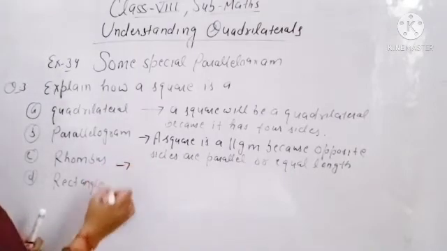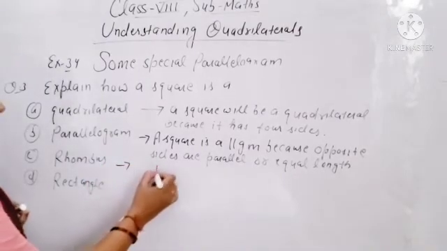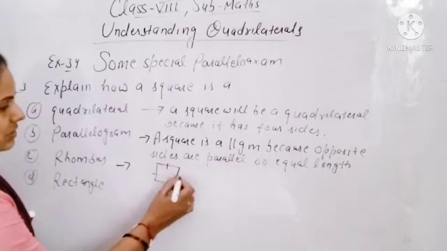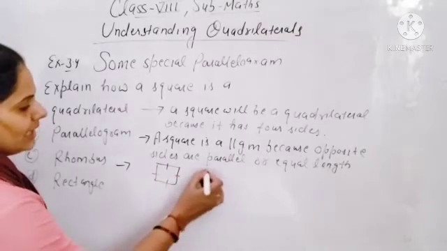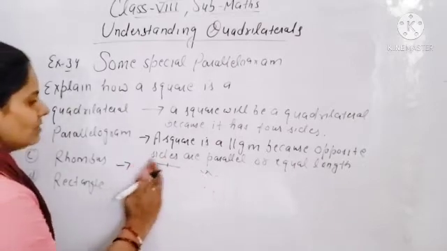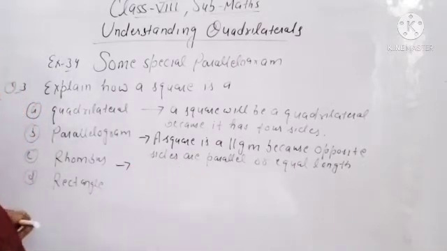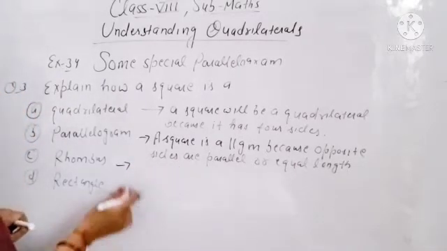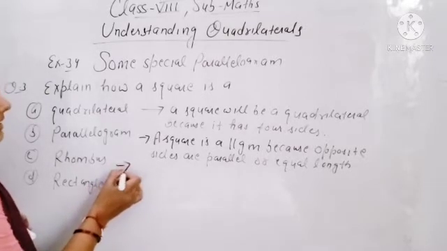Next, how a square will be a rhombus. So in the square beta, all the sides are equal, and in a rhombus also all the opposite sides are equal, adjacent sides are equal. It means all the sides are equal, so it will be a rhombus. And diagonals will bisect at right angle, in rhombus and in square also.